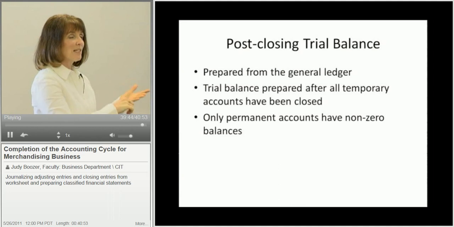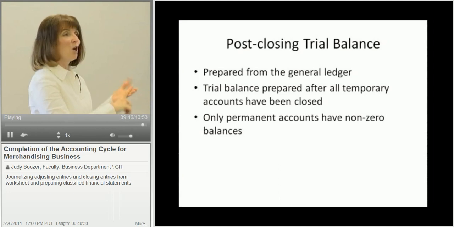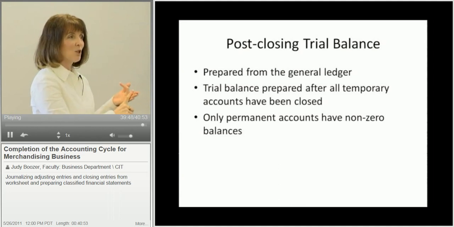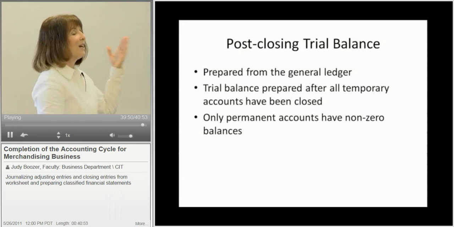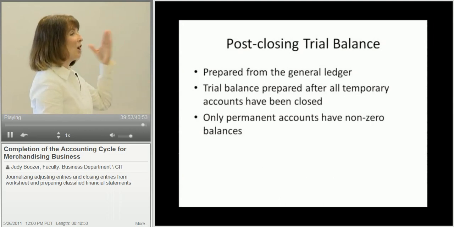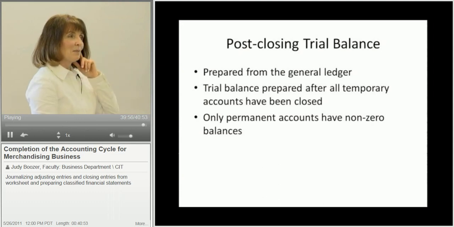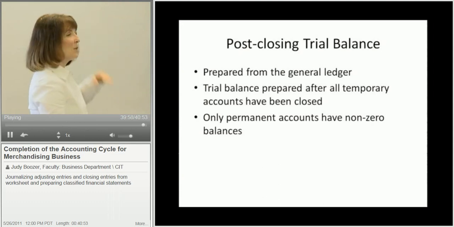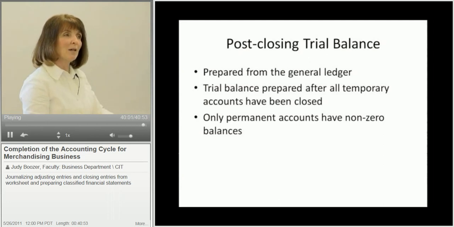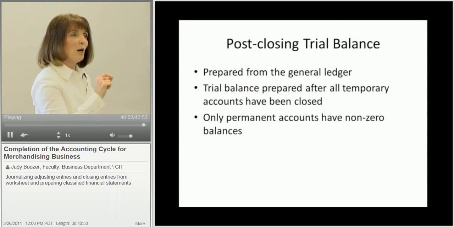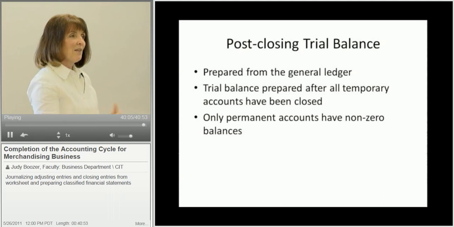It's after adjusting and closing entries, so you're going to see no temporary accounts, only permanent. All the balances in all your permanent accounts, if they have balances. You don't have to list them if they don't. You're just going to list them in order from assets through capital and their new updated balances, and the debits should equal the credits as always.